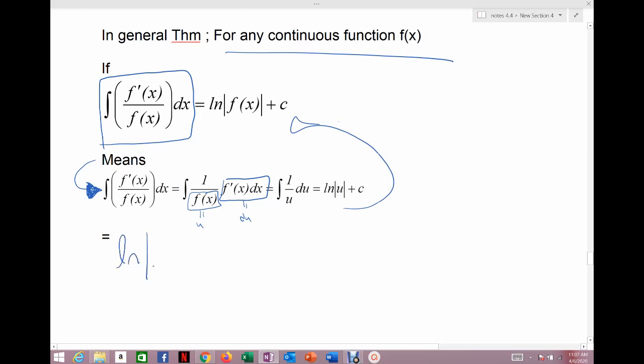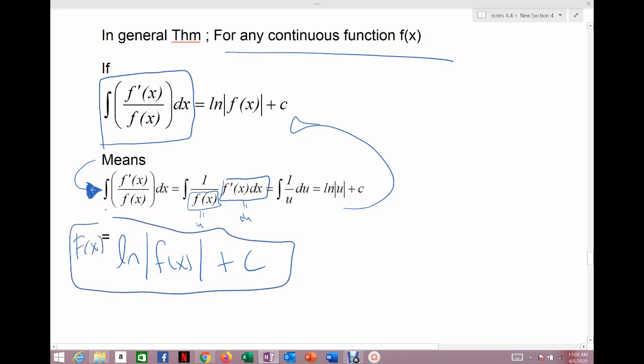So it'd be the natural log of the absolute value of my denominator function plus my constant, which is the family of antiderivatives, or the family of possible functions that gives me this function's derivative. If I took the derivative of this, I get 1 over what's inside times the derivative of what's inside.